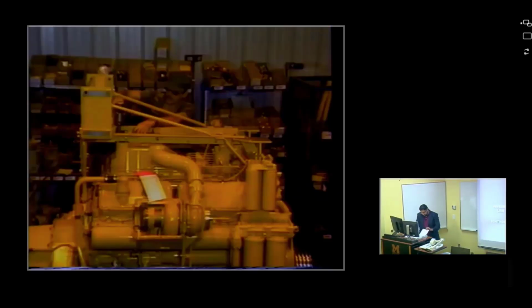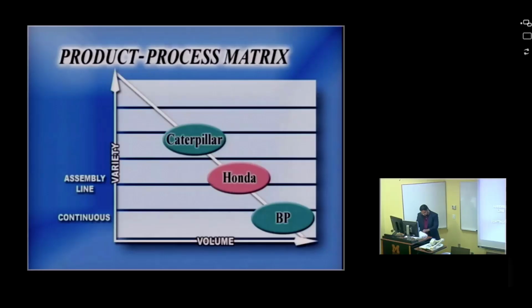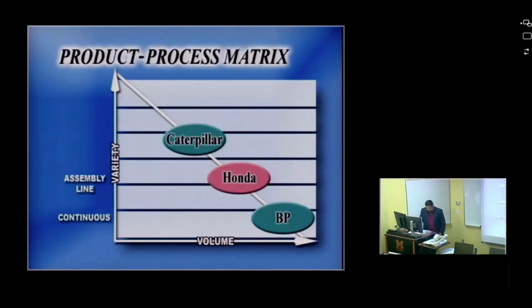Because the volume of products they manufacture is lower than Honda's, and the variety of machine is greater, Caterpillar makes use of batch processing. This process creates products in small lots, or batches, in much smaller volume than Honda.